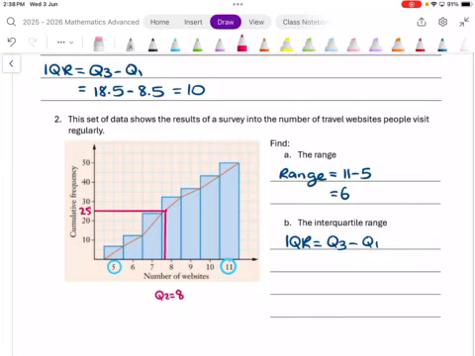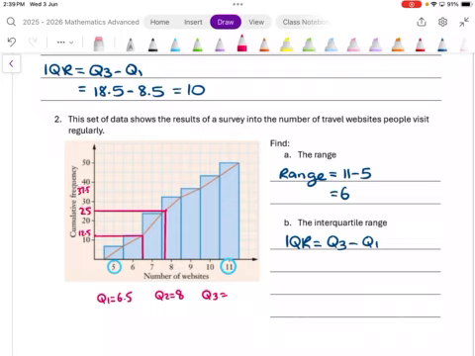Now our Q1 is going to be at 12.5. So at 12.5 we go across, and I think it's directly at 6.5. Okay, so our Q1 equals 6.5, and then our Q3 will be at 37.5, because that's halfway between 25 and 50.